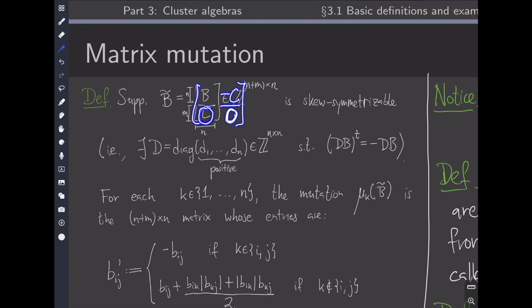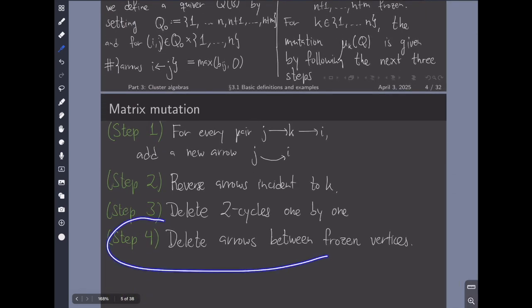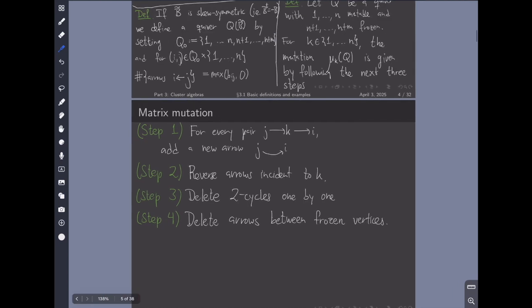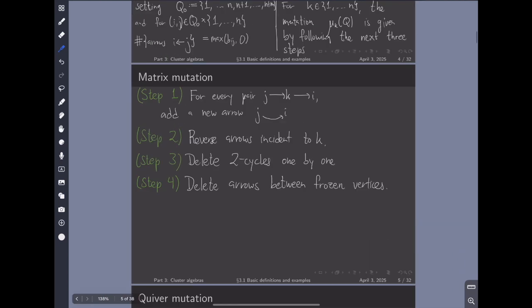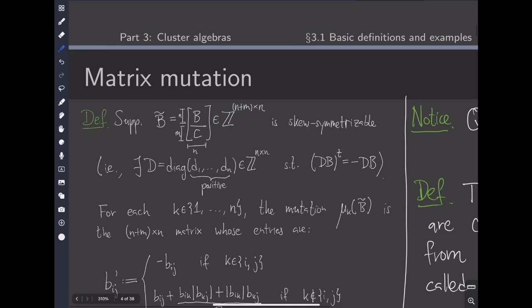And then you mutate using this. When you mutate, there's not necessarily going to be a 0 on the bottom. But my step number 4 says, okay, put a 0 there. That's what I don't like about it. But okay, since I'm not considering this part, it's going to be irrelevant.